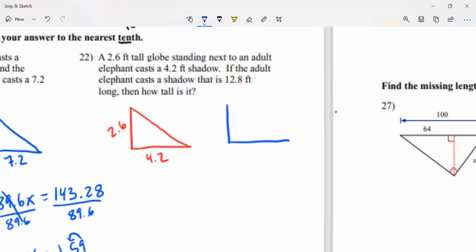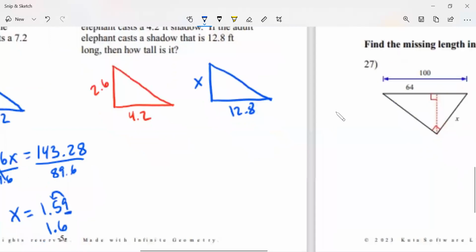So if the adult elephant casts a shadow that is 12.8 feet, okay, so I know the shadow is 12.8. So if it casts a shadow that is 12.8 feet long, then how tall is it? Okay, so I don't know the height of the elephant in this case, so let me just call it X. And again, I'm going to close this figure because I know how to work with triangles.